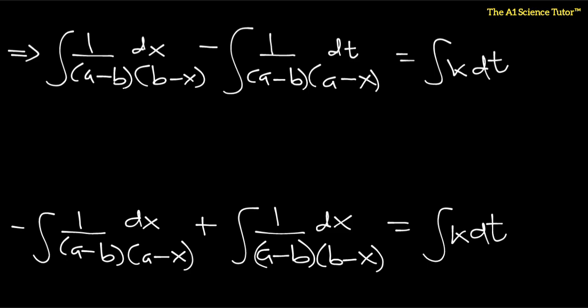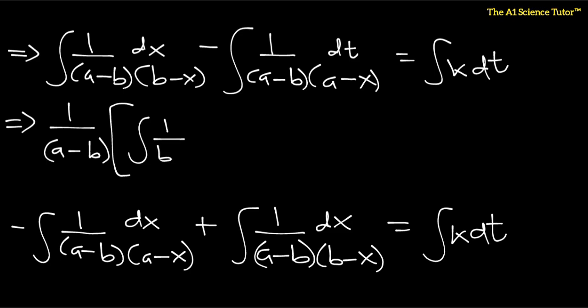Now, as you know, a was a constant, b also was a constant. So I could actually factor out that stuff. It seems very long, isn't it? We actually need to do it. So this is integral 1 over b minus x dx. This will be minus integral 1 over a minus x, right?